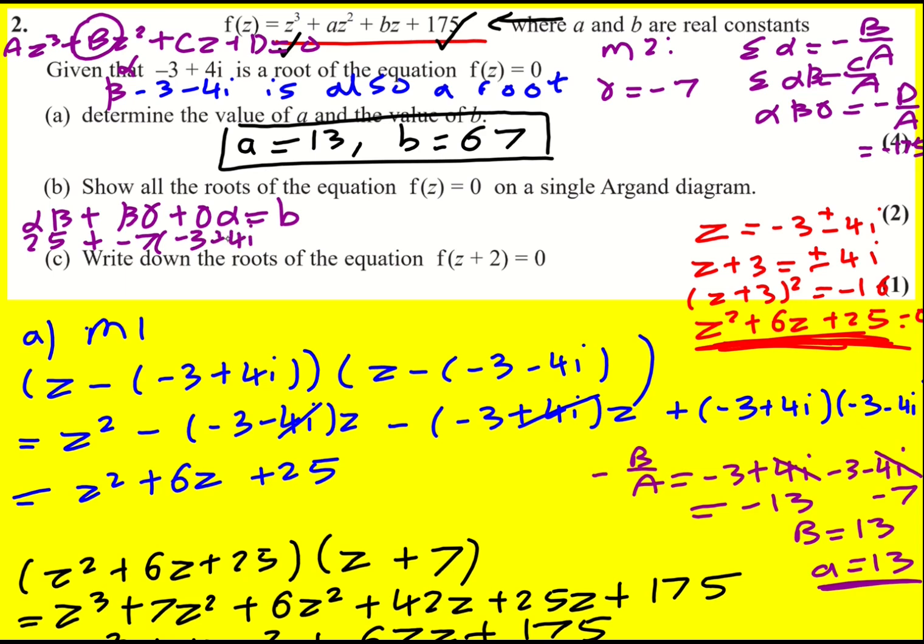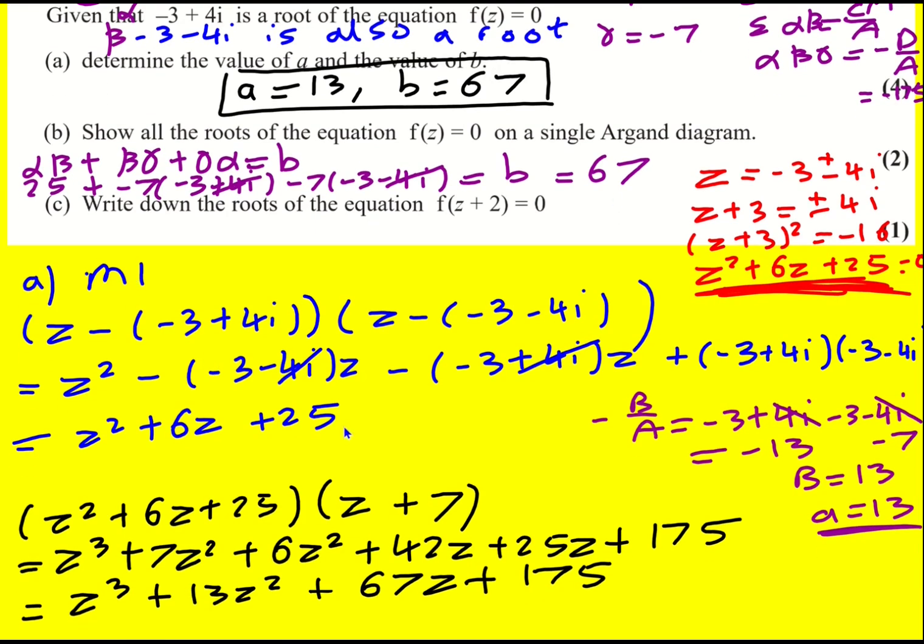Actually, sorry, it was a plus 4i for the first one. Then minus 7 times minus 3 minus 4i. And that, remember, is equal to B. So the i's cancel. It's going to be 25 plus 21 plus another 21 gives us B, and it ends up being 67.